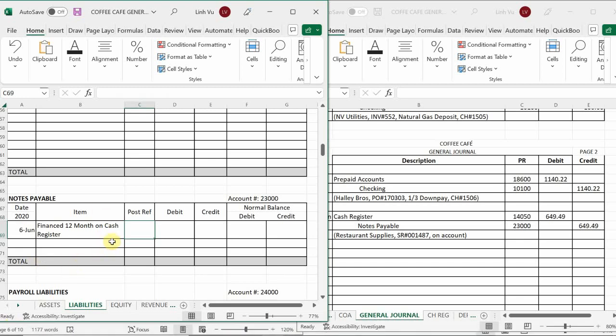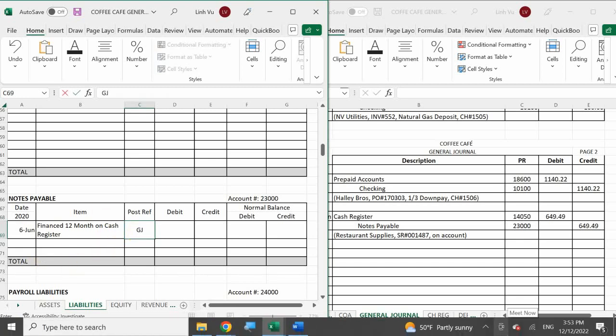Post reference once again is your second journal page, and this time I'm going to be using my credit balance, because I have a credit balance of $649.49. I need to be very careful which columns I'm using.